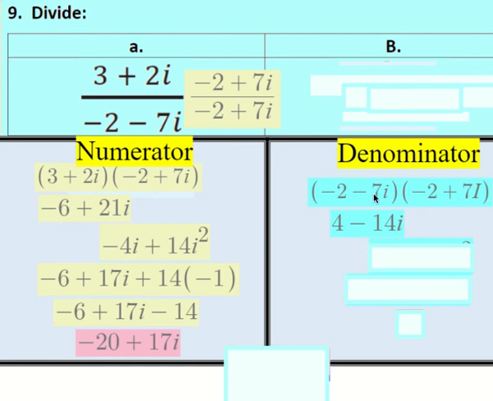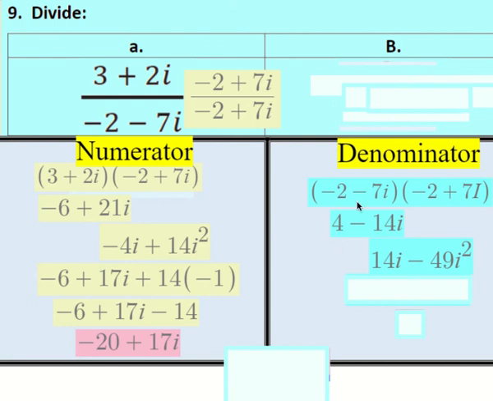Negative 2 did its job. Now it's negative 7i's turn. So negative 7 times negative 2 is a positive 14i. And then negative 7 times positive 7 is a negative 49. And i times i gives us i squared.